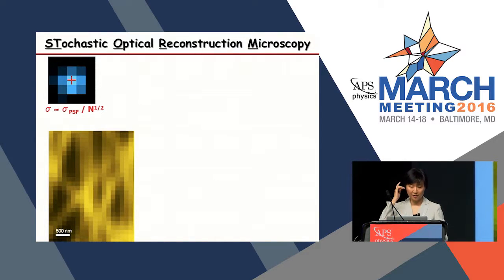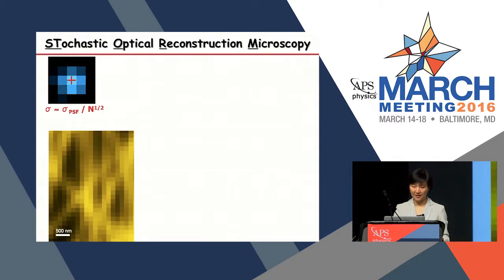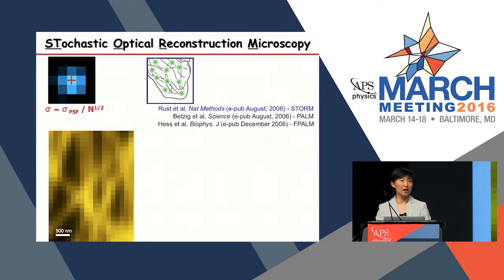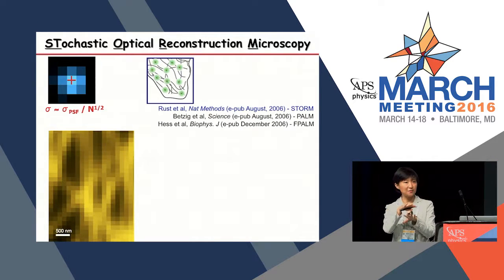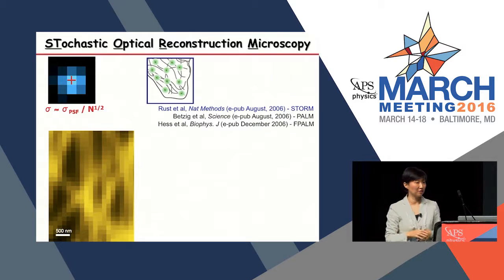About a decade ago now, we and others independently came up with the idea of using the fourth dimension, what I usually say, the time dimension. In other words, we try to separate these overlapping images in time, so that at any snapshot, they're no longer overlapping.